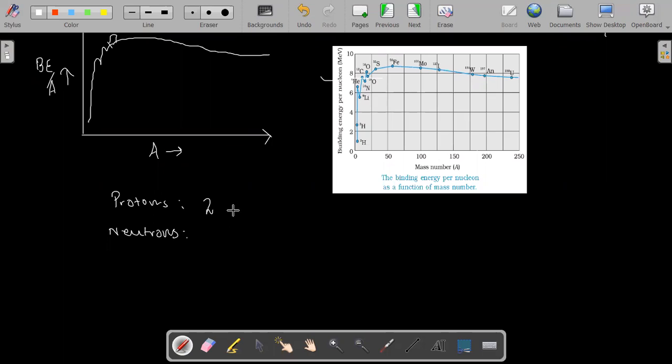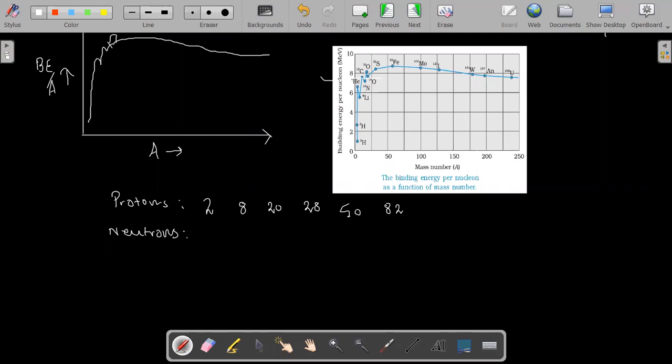For protons, the numbers are 2, 8, 20, 28, 50 and 82. These numbers you should remember. You cannot go beyond 82 because the next magic number is quite high, and any element with that many protons does not exist.